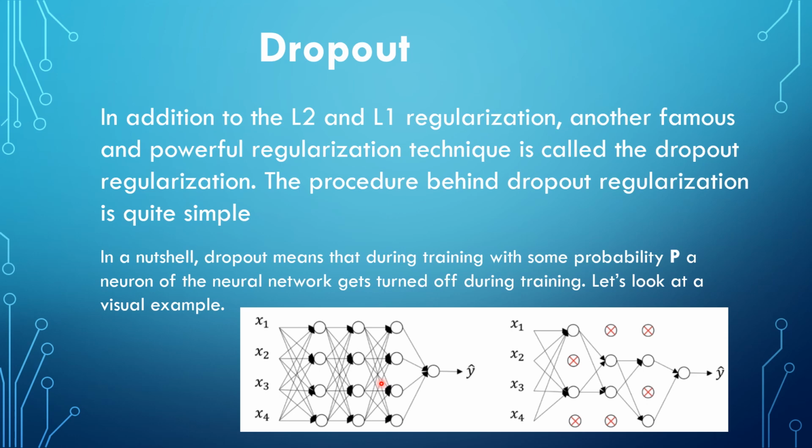And as you can observe, the neural network becomes simpler. A simpler version of the neural network results in less complexity that can reduce overfitting. The deactivation of the neurons with a certain probability is applied at each forward propagation and weight update step. This is all about dropout.